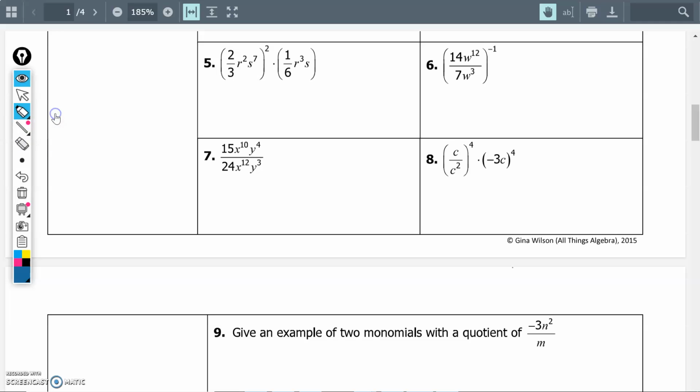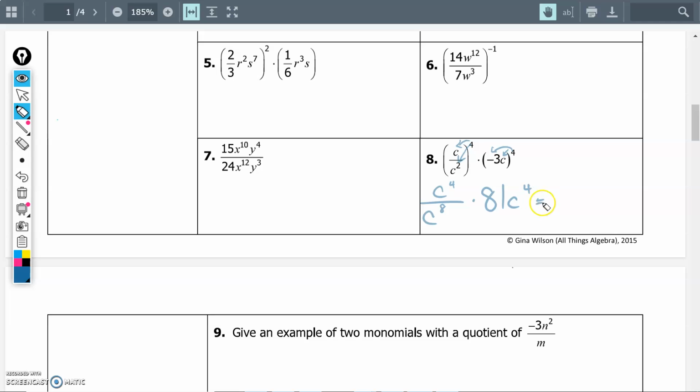One more, let's just do number 8. Number 8, we have power rule. Going to distribute the 4 power to the numerator and denominator to make c to the 4th, and then multiplying these two to make c to the 8th. Distributing that 4th power to these two here. Negative 3 to the 4th power gives us 81. c to the fourth power, c to the fourth.